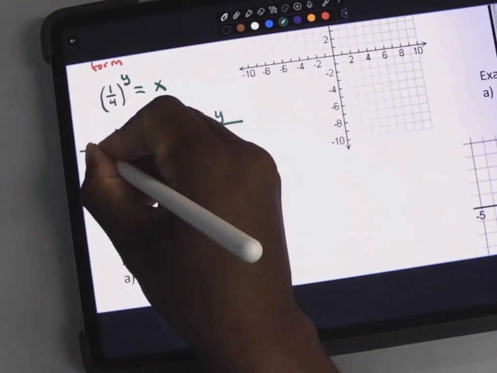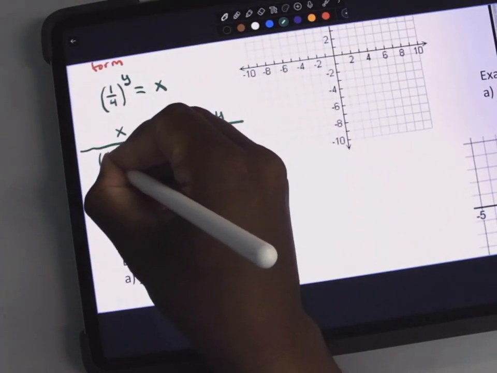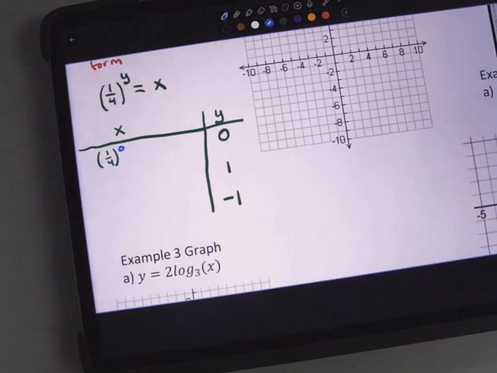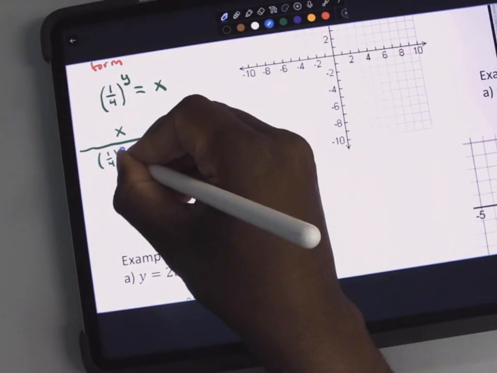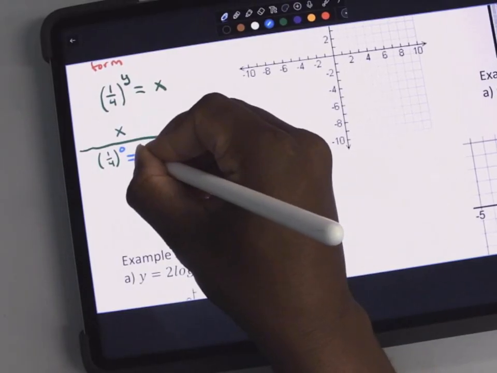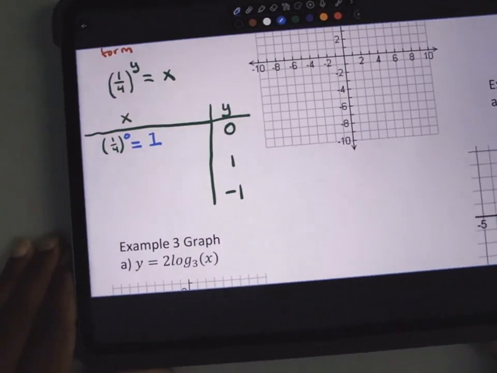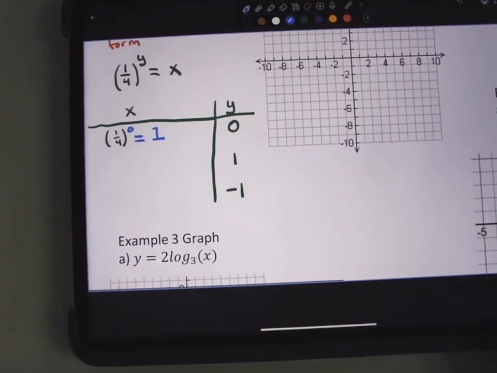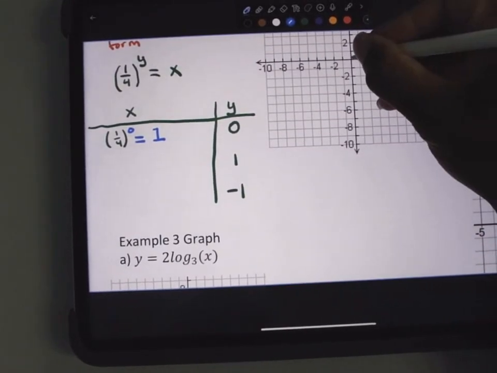So we're going to take our equation. First, we're going to raise it to the 0 power. Anything to the 0 power equals 1. So that's our first point. When x is 1, y is 0. Let's graph that. 1, 0, right here.